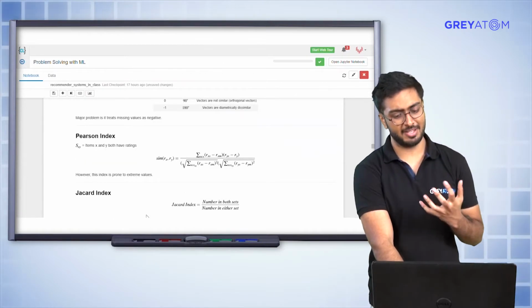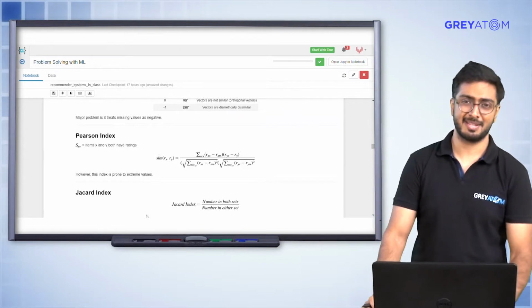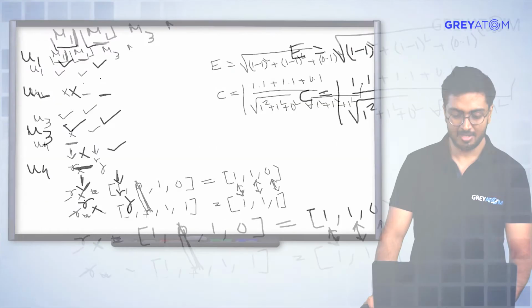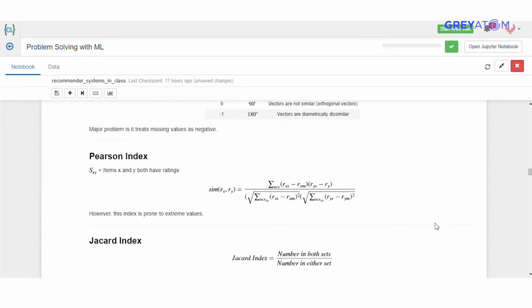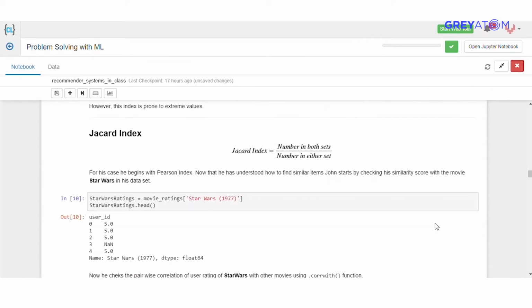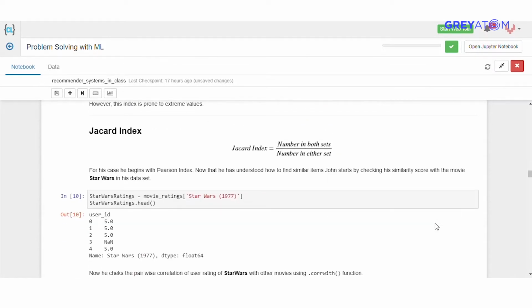In a similar way you can calculate the Pearson index. Pearson index is nothing but correlation. You treat this as x values and this as y values, and the way you calculate correlation between two sets of values, you can calculate the correlation value, right? So nothing more to say about it. Jaccard index is basically the number of matches by the total number of cases.